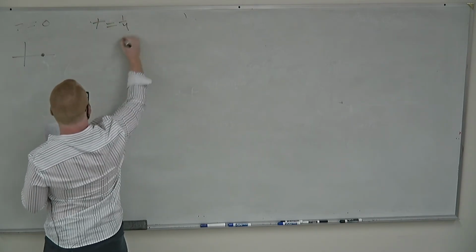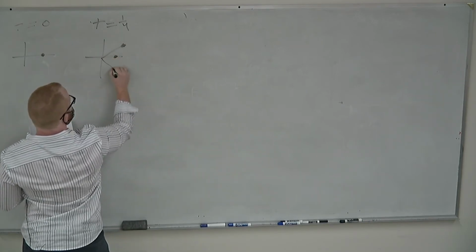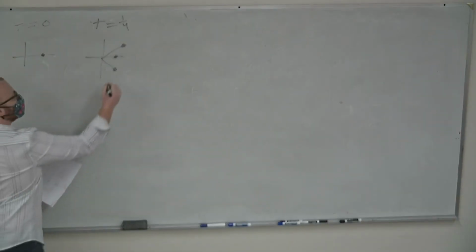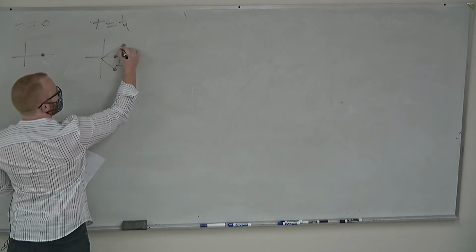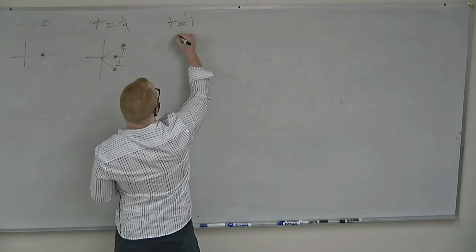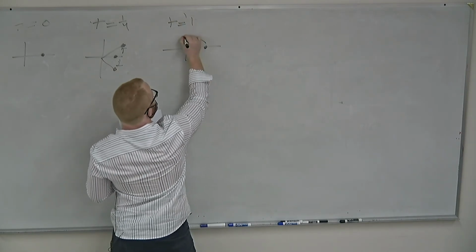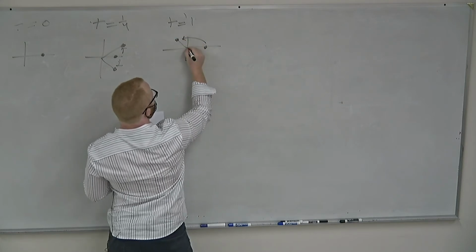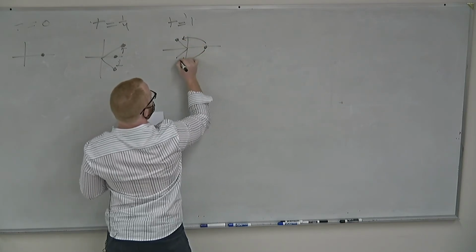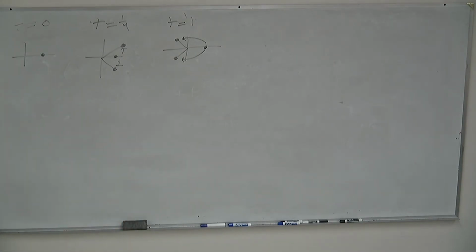At t equals maybe 1/4, one stays at 1, but the other two split off in this direction and this direction. And then you can keep watching this, but at t equals 1, you're finally going to get that this has moved all the way over to here, and this has moved all the way over to here. And so we get the third roots of unity.